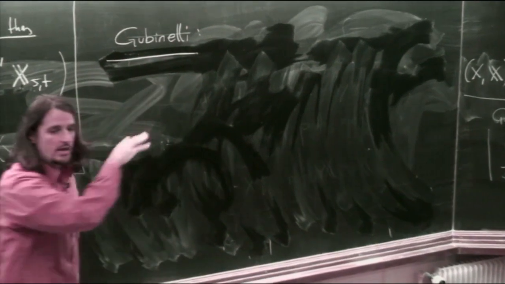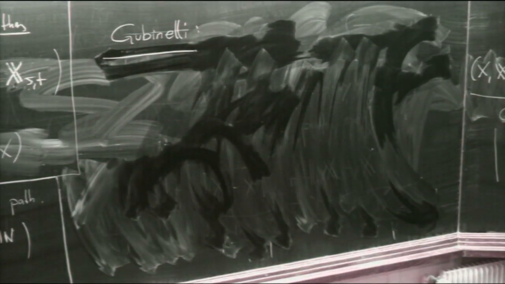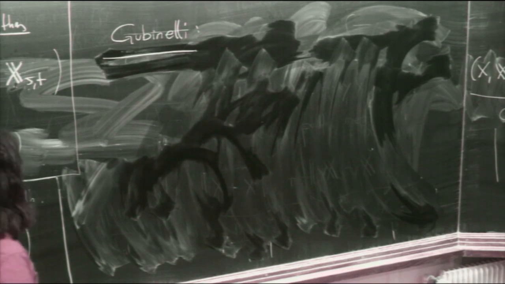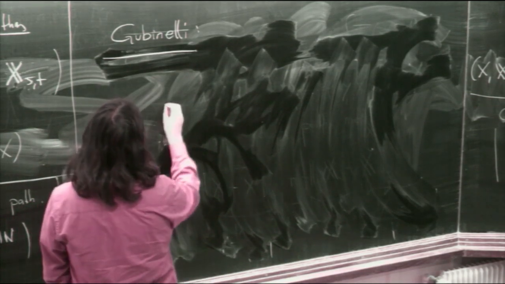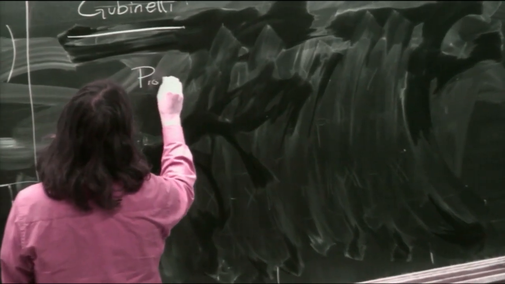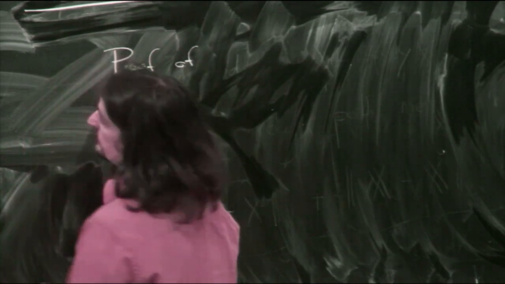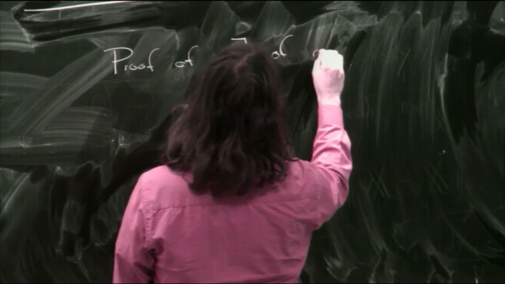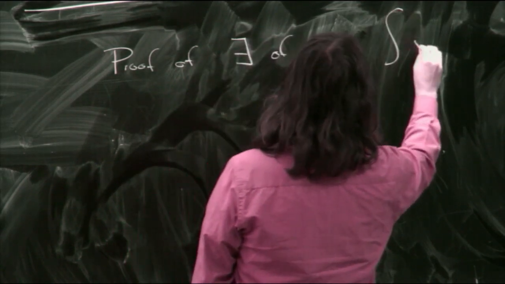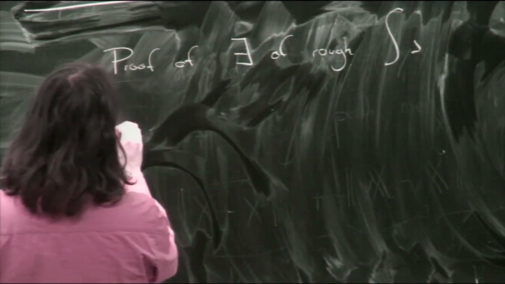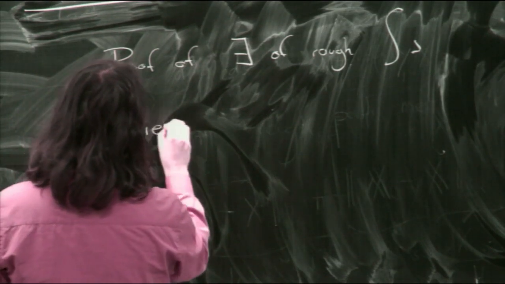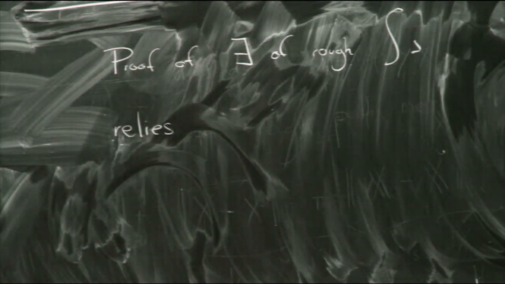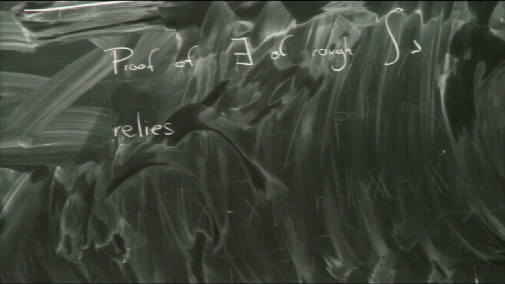By the way, Gubinelli is local. He works in Paris at Dauphine, and he will be here tomorrow, I believe. So he observed that the proof of this existence of rough integrals relies basically only in 2 ways on the integrand.